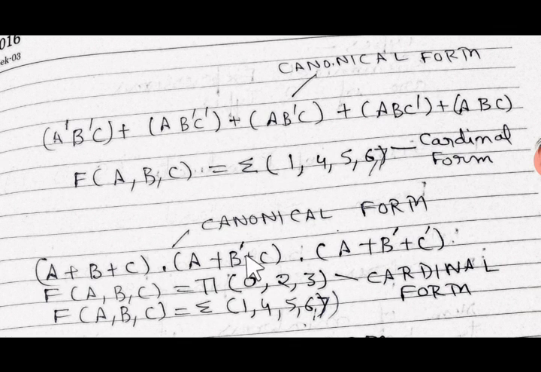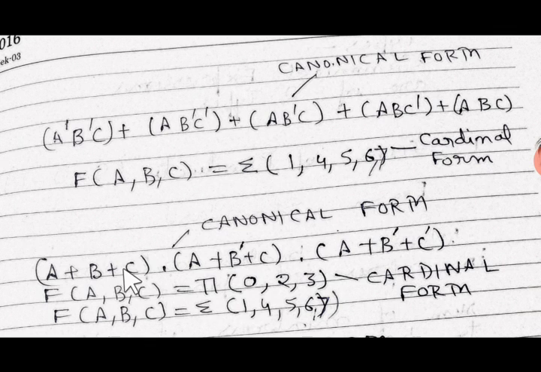Okay. Similarly, we can have only maxterms in an expression. So it is also the canonical form. It's another form, and here the product of all the maxterms has been taken. First maxterm, second maxterm, third maxterm. So this is for 0, this is for 2, and this is for 3.